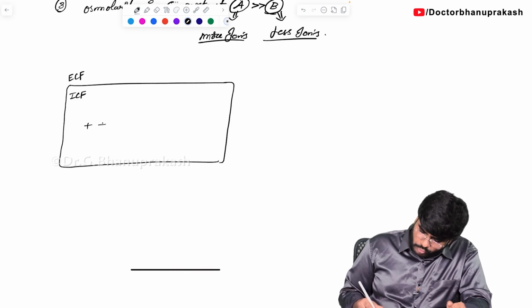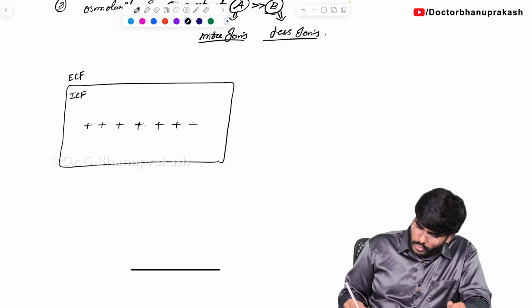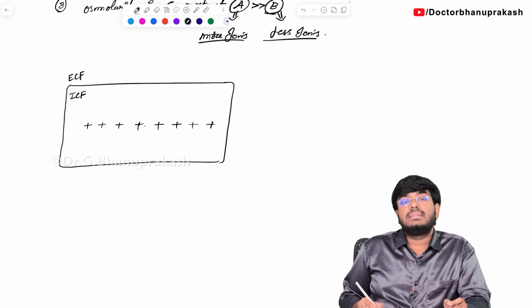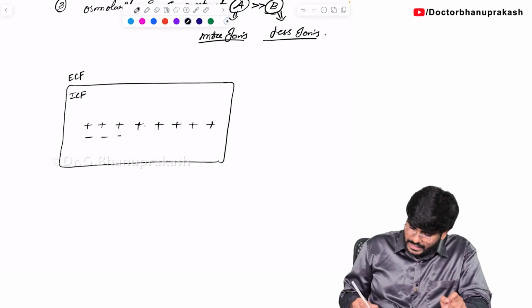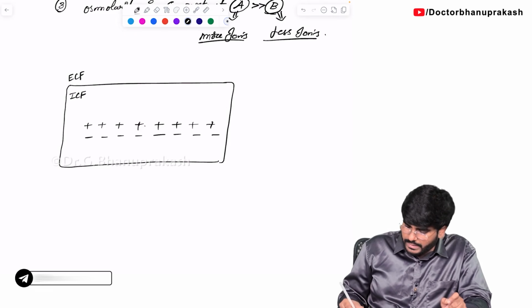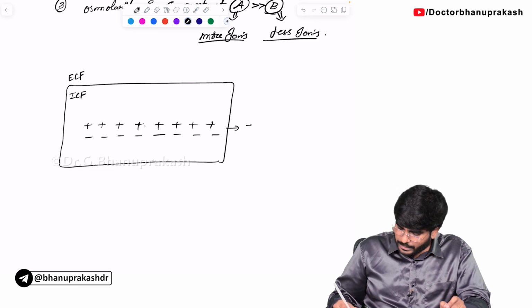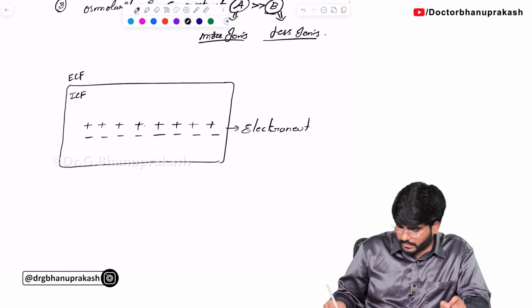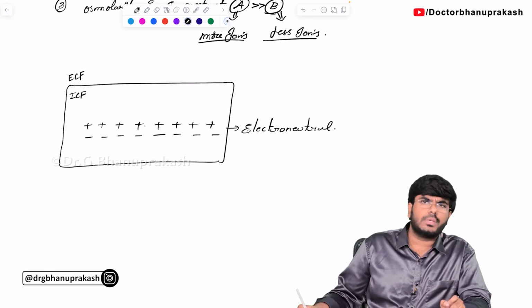I have told you in one compartment we can have more ions and more positive charges, but the number of positive charges is exactly equal to the number of negative charges. So this compartment is electroneutral.